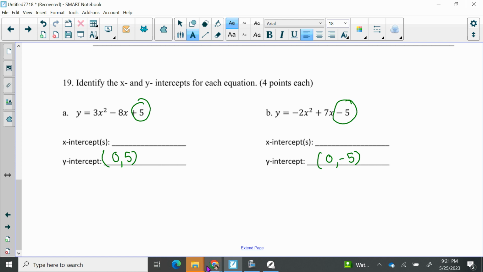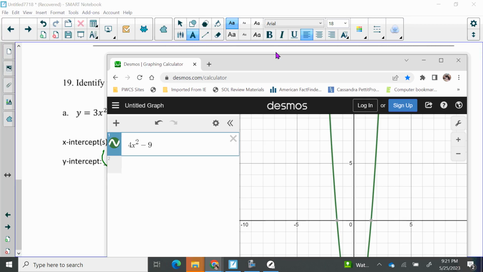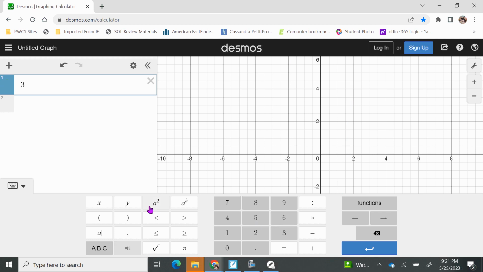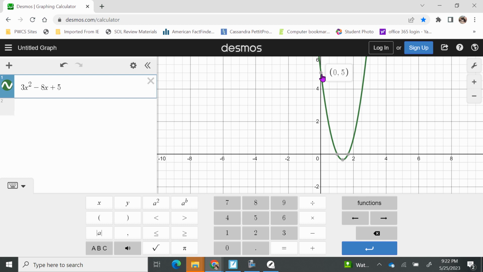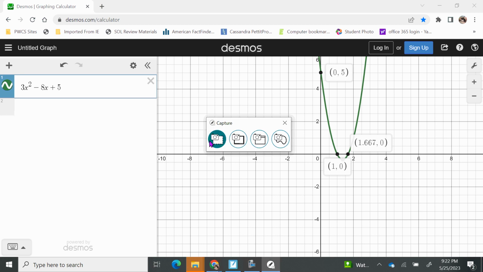Okay? So let's go ahead. We've got, what is this? 3x squared minus 8x plus 5. So this is 3x squared minus 8x plus 5. And so we've got a y-intercept right here, and we have two x-intercepts. Okay, so I'm going to go ahead and take a quick little screenshot of that, bring that over.